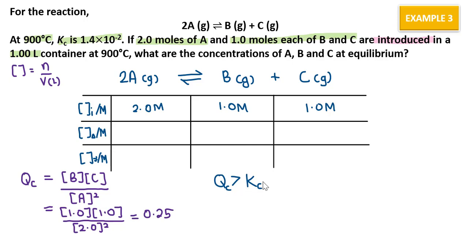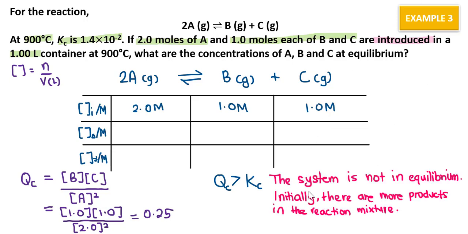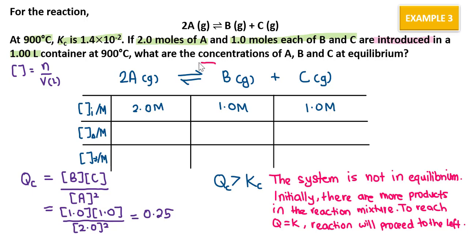Since the value of Q is not equal to K, we know that the system is not in equilibrium. Initially, there are more products in the reaction mixture. Thus, to reach equilibrium, the reaction will proceed to the left.